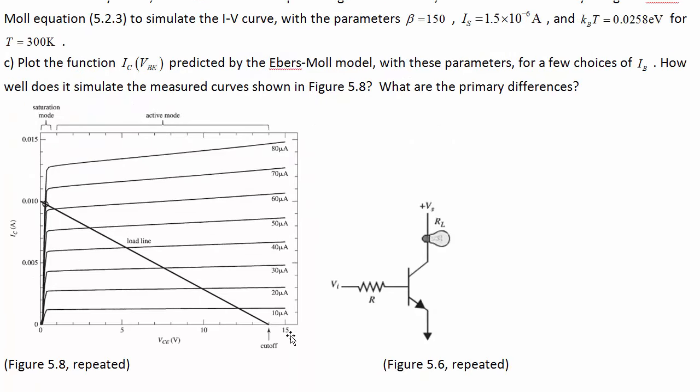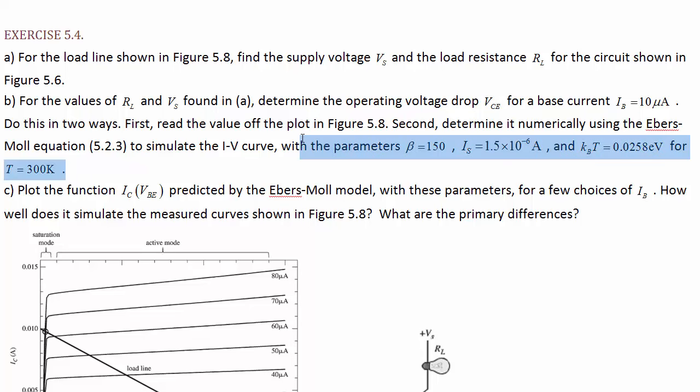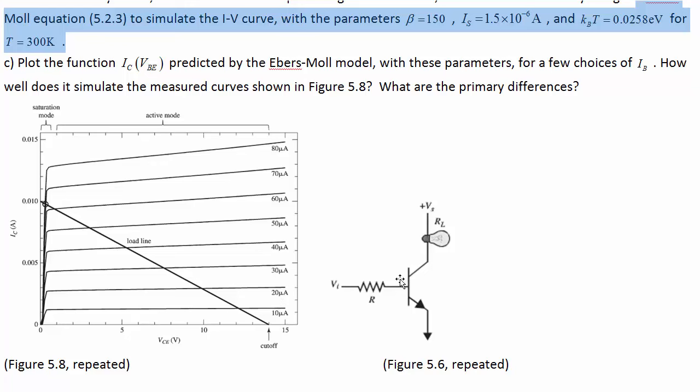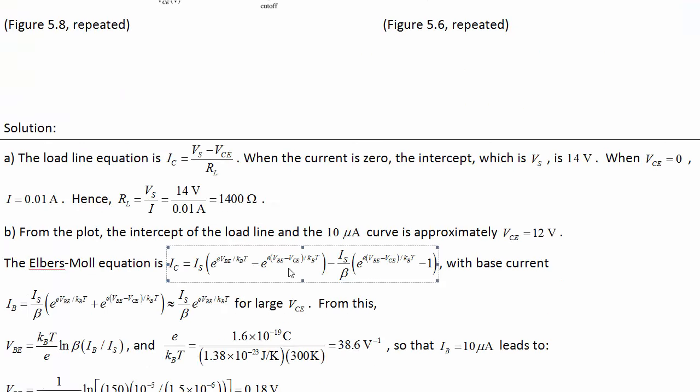So reading it off the plot, if IB is 10 microamps, then VCE is the intersection of the load line and the characteristic curve for 10 microamps, 12 volts. That's it. Now, Ebers-Moll model is both more difficult and less accurate, but it doesn't require you to have these curves. So let's give that a shot.